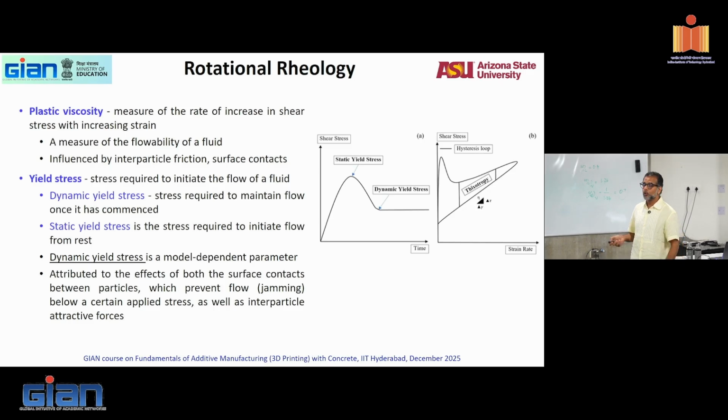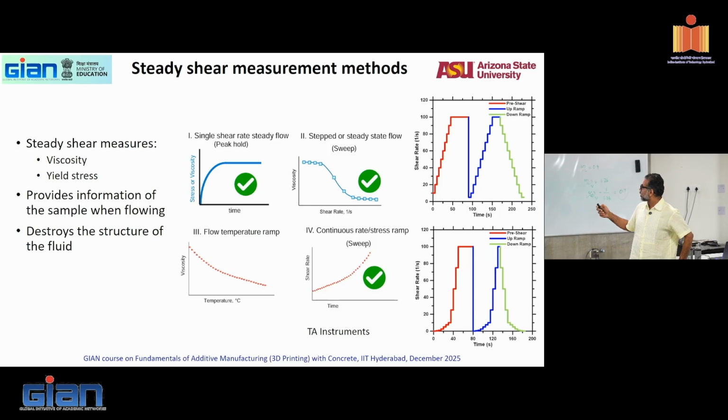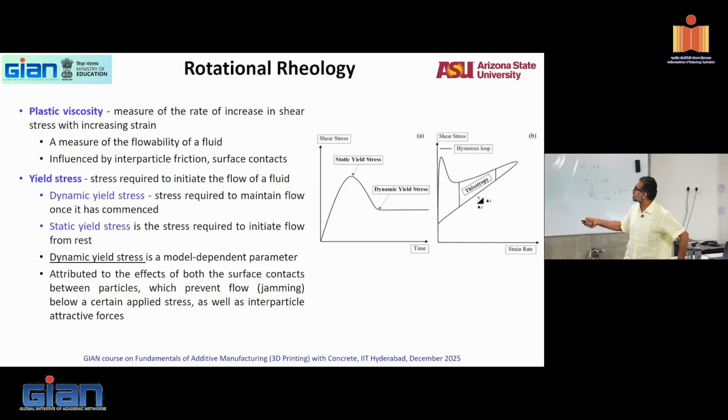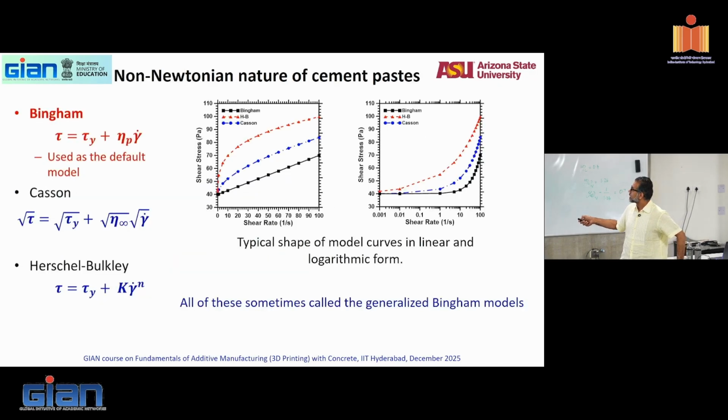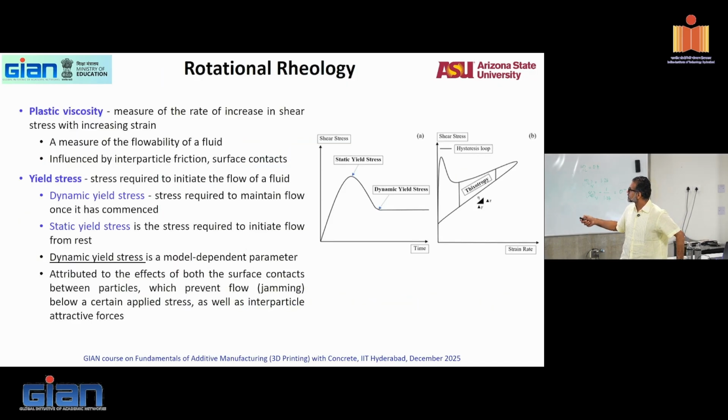Now, there are two yield stresses I told you, static yield stress and dynamic yield stress. If I do a shear stress rate like this at a given time, what I'm getting is a dynamic yield stress. Okay, if I'm measuring shear stress as a function of time, shear stress keeps on going up.